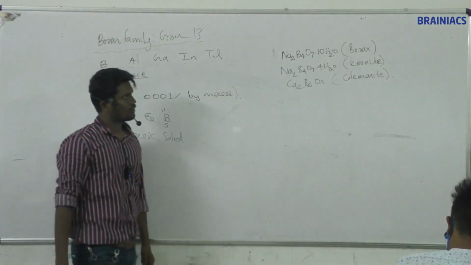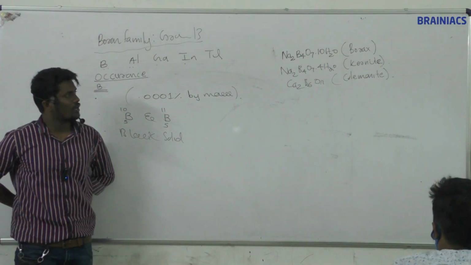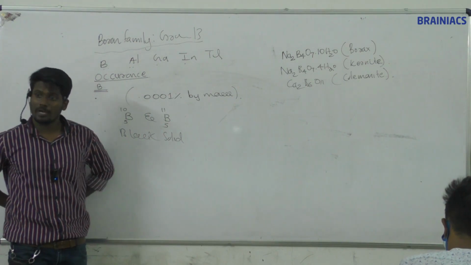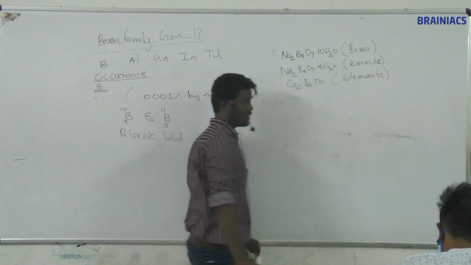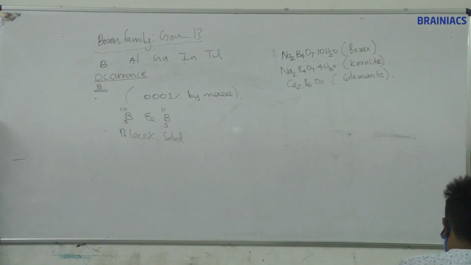So what are the important compounds of boron? Borax, kernite, colemanite. In India, colemanite. So boron exists as borax, kernite, colemanite.